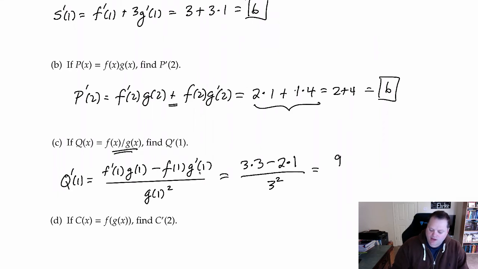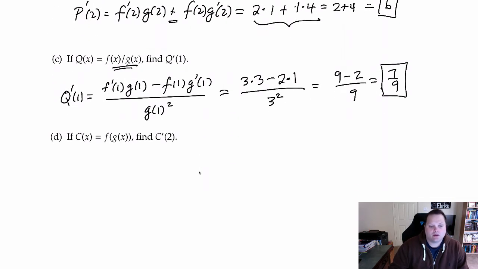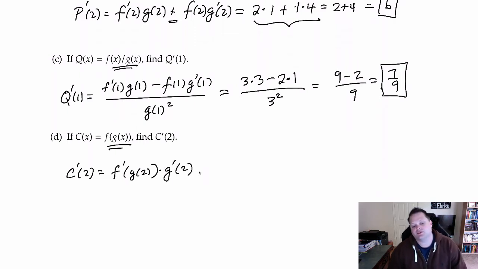So it would be 9 minus 2 over 9, or 7/9. Okay, finally, this is chain rule. It's f of g. So c prime at 2 would be f prime, that's the outer function's derivative first, multiplied by the inner function's derivative, and all of that evaluated at 2.